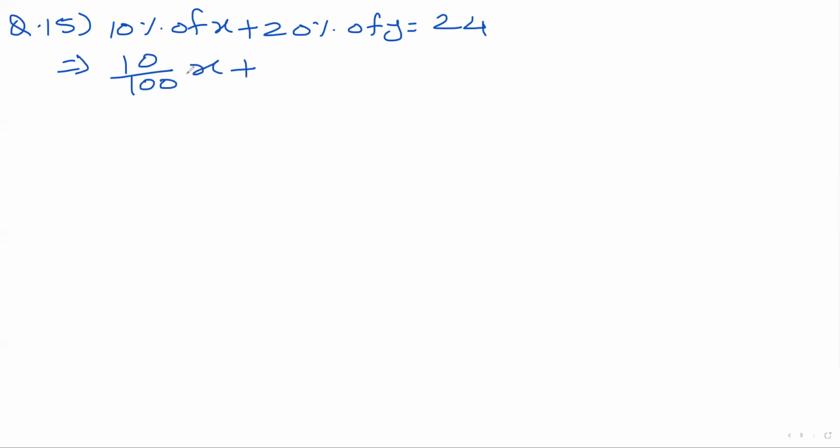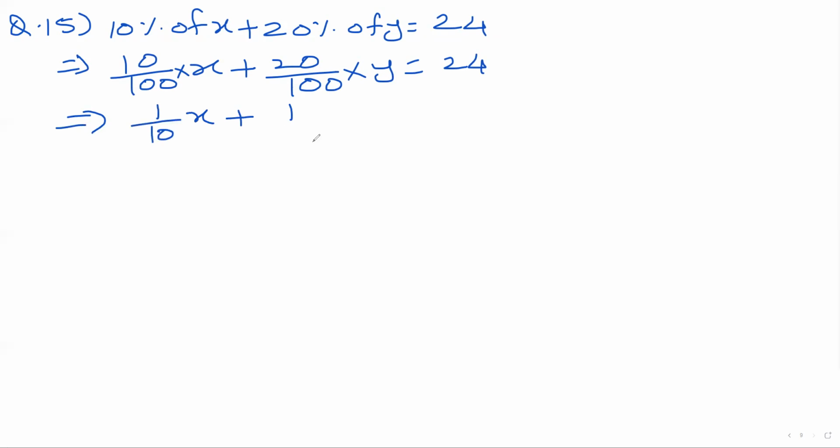Of means multiplication. So 20% means 20 upon 100 into y is equal to 24. So in fact, you get 1 upon 10x plus 2 upon 10y is equal to 24.